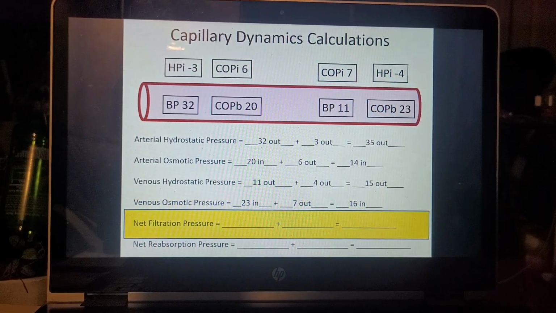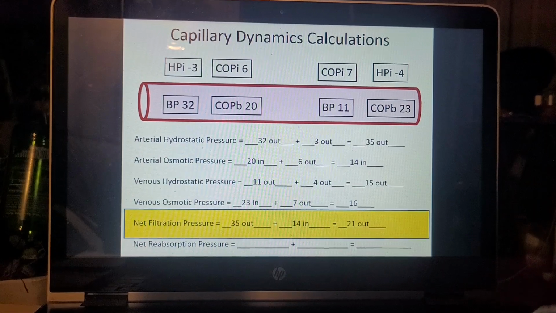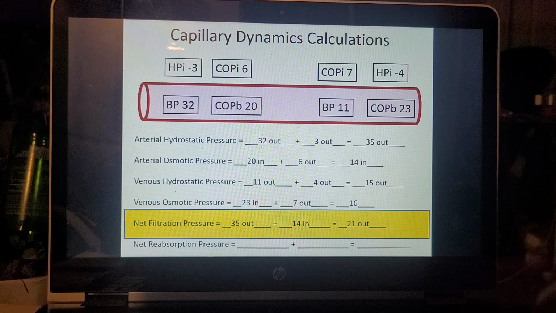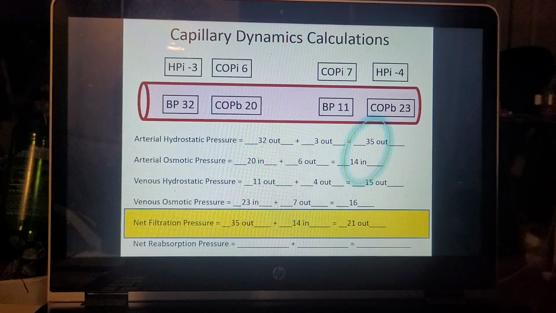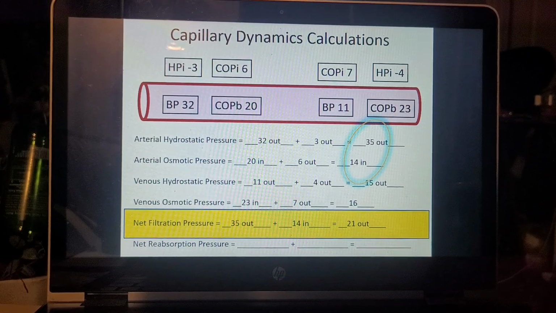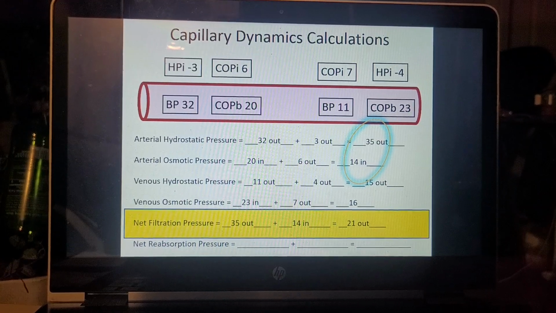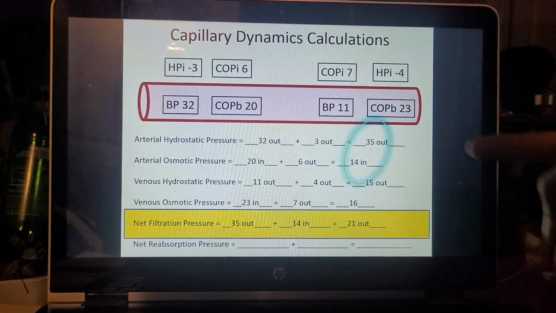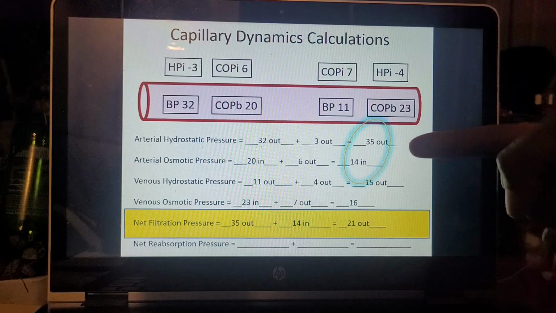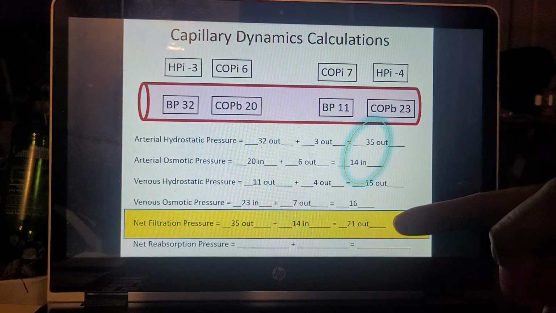Net filtration pressure, numbers. 35 out, 14 in. So on the test, if you want to circle stuff to make sure you're comparing the right ones, draw arrows. I don't care as long as the numbers are in the correct slot. So we have our 35 out from arterial end, our 14 in from our arterial end. So our opposite directions, we got to subtract.